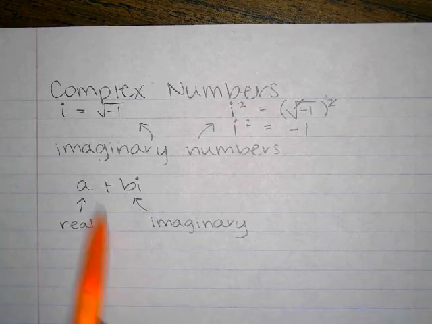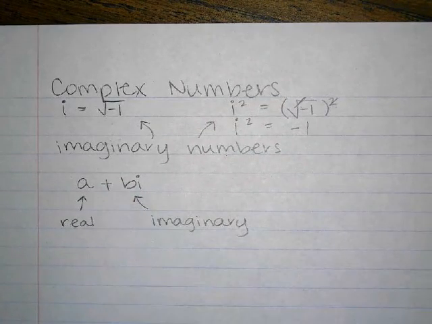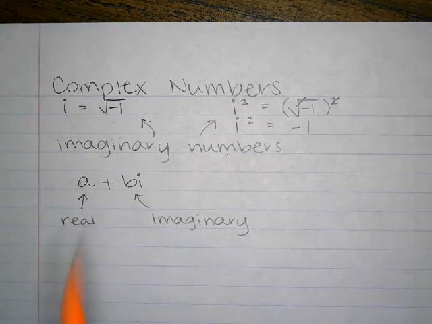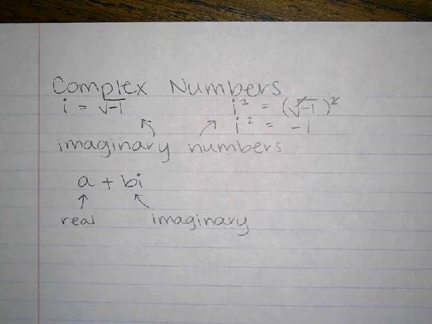Now, if I just write down one of these, I wouldn't put it in parentheses because it's just one thing. But if I wrote down more than one of them, if I was taking one complex number and adding it to another complex number, then I would put parentheses around my first complex number and then a plus sign and then parentheses around my second complex number just to show that there's two different numbers being added.